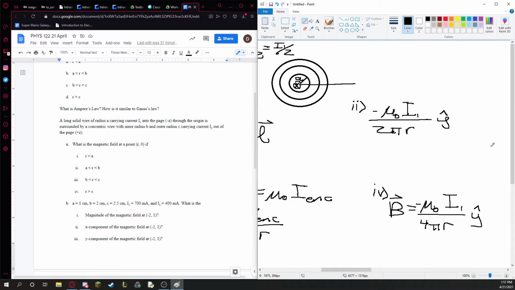Now what about inside the inner wire? We're going to worry about between B and C for the last example because it's the most annoying one in my opinion. How do we find the total enclosed current if we're at r less than a?